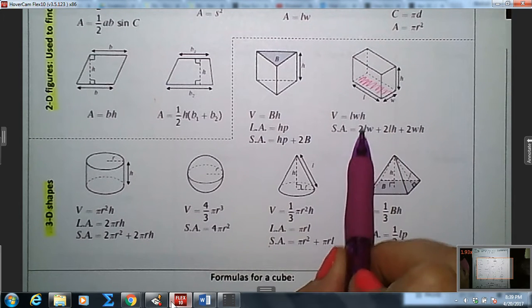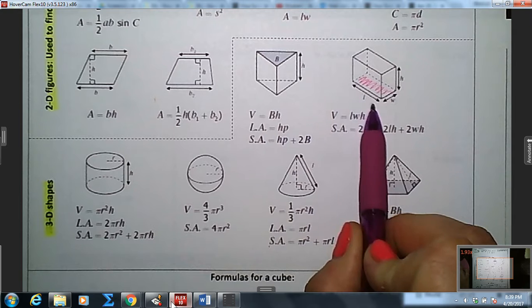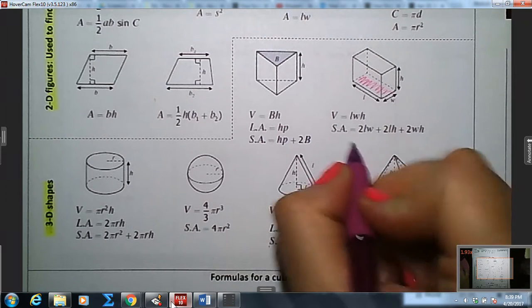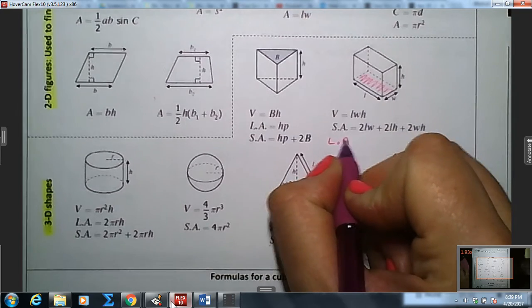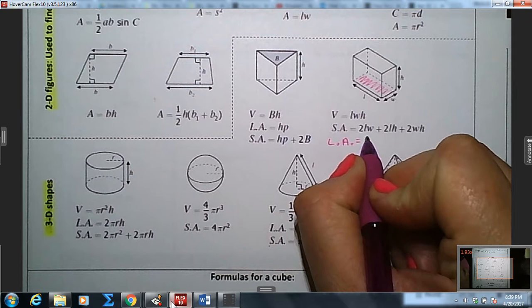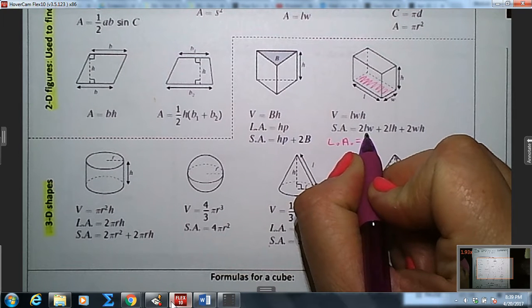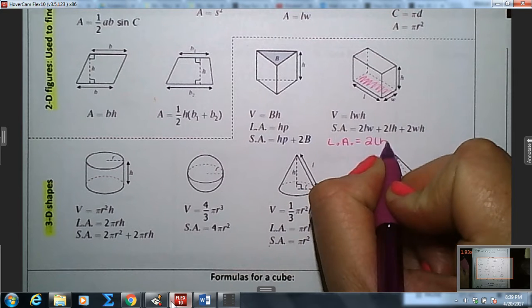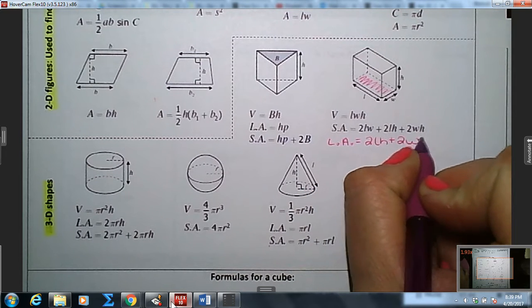The bottom rectangle is the length and width of the shape. So the lateral area could be the same as the surface area formula without this first piece of the formula: 2 length times height plus 2 width times height.